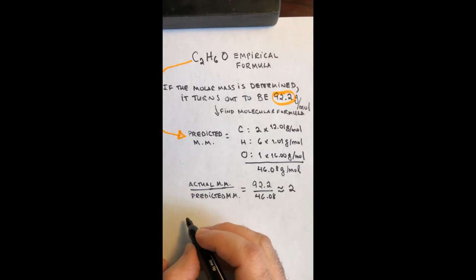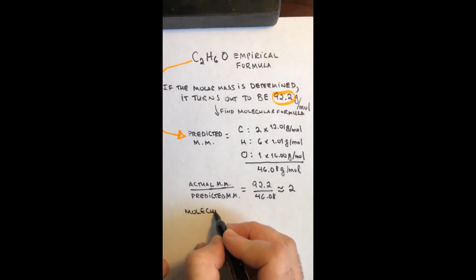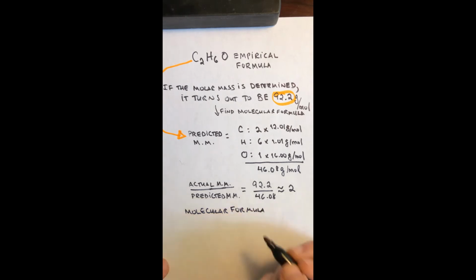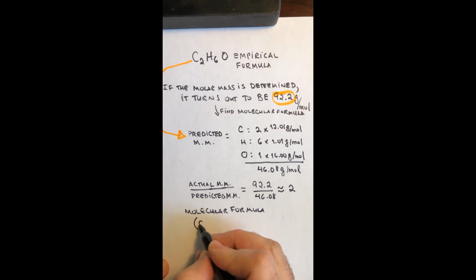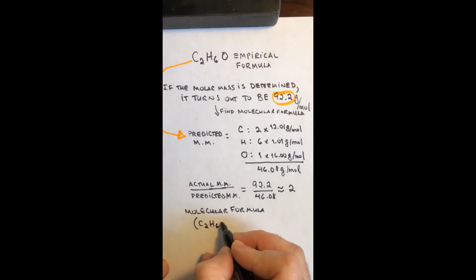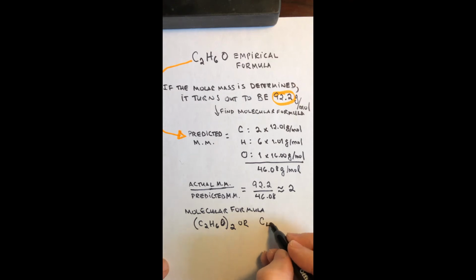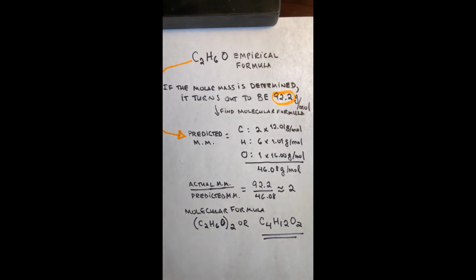So therefore, our molecular formula is as if we had taken our empirical formula and had 2 of those, or C4H12O2. That is our molecular formula.